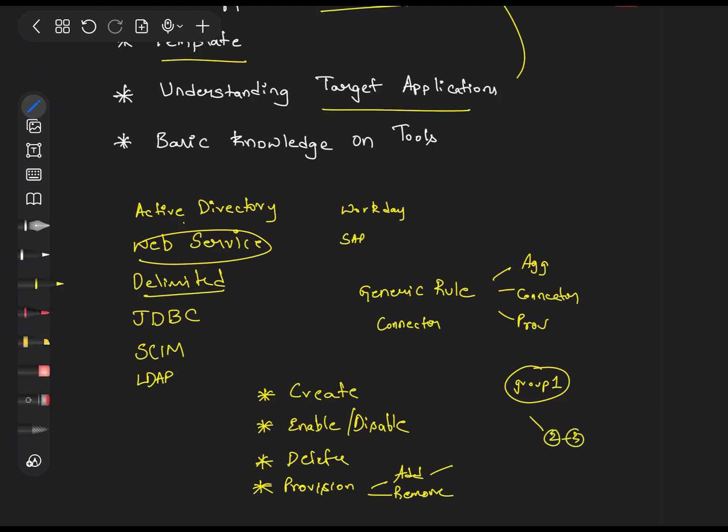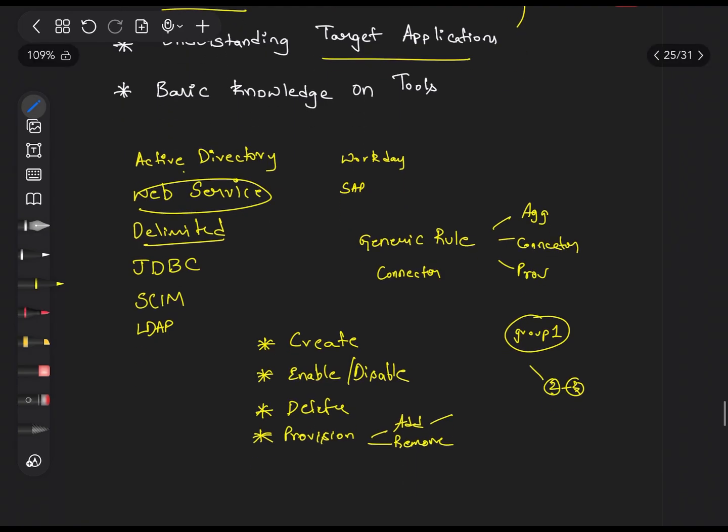Let's say the user has groups 2, 3 and all. So while sending the body, you have to add 2, 3 to the requested entitlements. For that again you need to write some rule, like before operation rules and all. So again you need to understand how all these operations, create, enable, disable, delete, add, remove, provisioning, work. The same goes for Active Directory, JDBC, SCIM and all, because for JDBC and web service you need to write the rule.